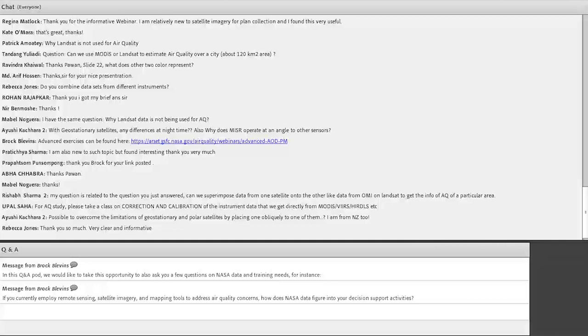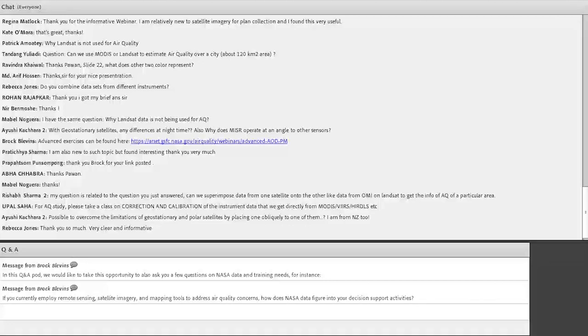They cannot provide observations at night time for the obvious reason, because there is no sunlight. Although there are some measurements like cloud, water vapor and temperature, which can be measured using infrared light, which is emitted by the Earth's surface and available at night time as well. So we use that to obtain that kind of information, but not for aerosols or particulate matter or trace gases.